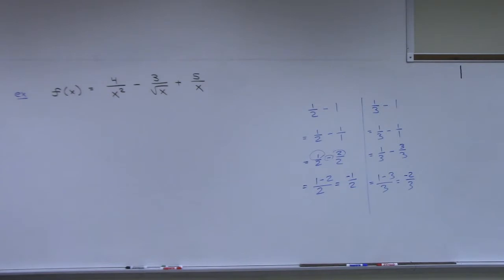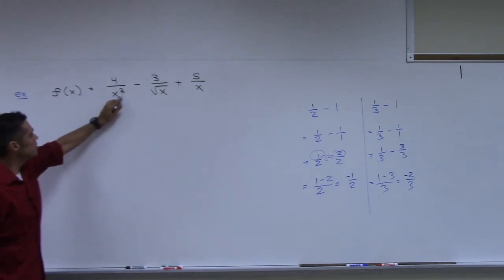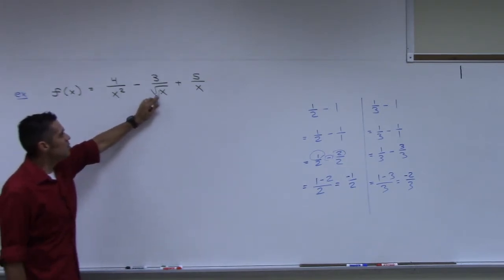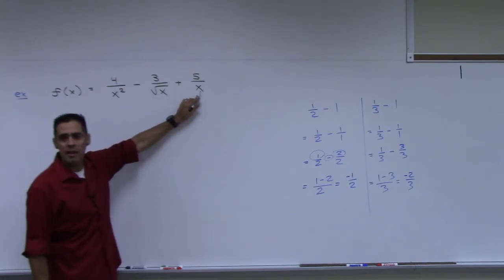I hope you've caught on to the idea that everything we've done so far has relied on our ability to rewrite the problem as x to a power, and then bring the power out and subtract 1. Right now, the way this appears, you do have x to powers, don't you? This is x squared, this is really x to the 1/2, and this is really x to the first power.